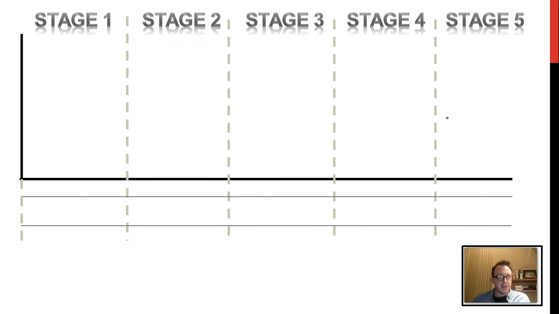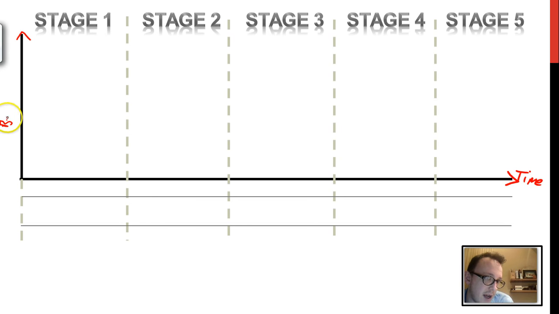Okay, so the demographic transition model is split up into 5 stages. Now the x-axis is time. The y-axis is the births and deaths and total population.